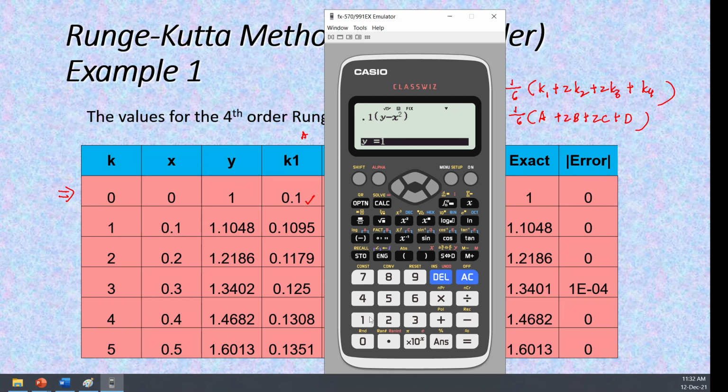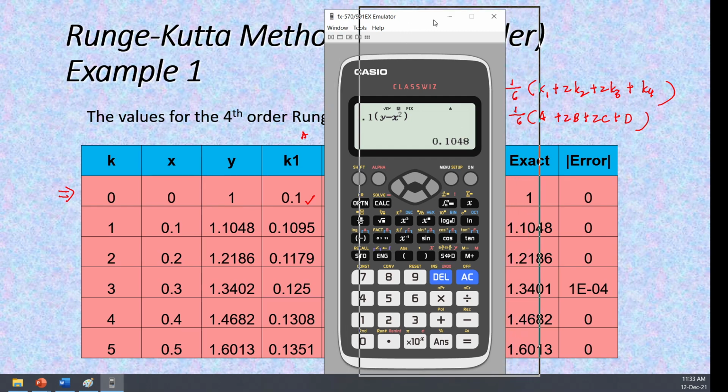For k2, y is 1 plus k1, which is 0.1, divided by 2. X is 0 plus h, divided by 2, so you have 0 plus 0.1 divided by 2. So you get 0.1048.